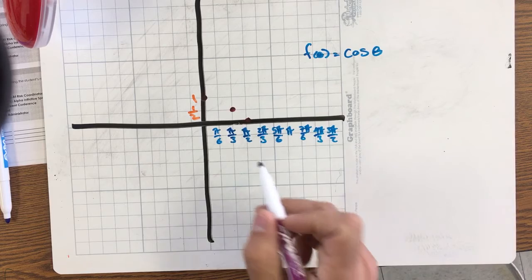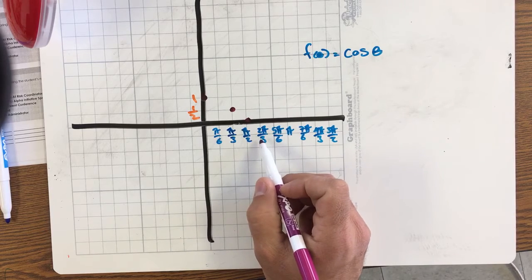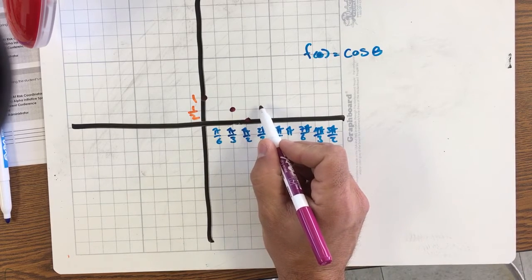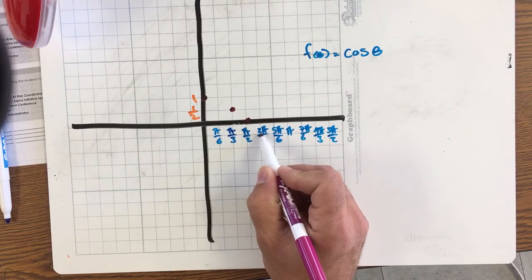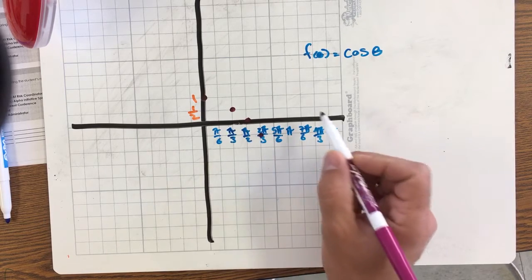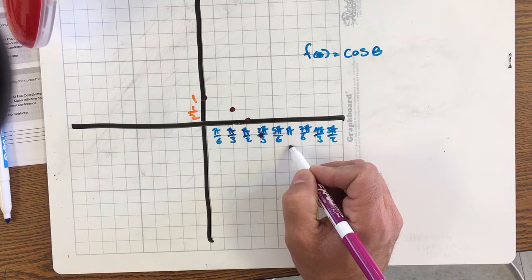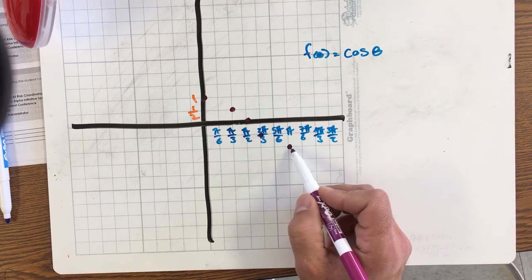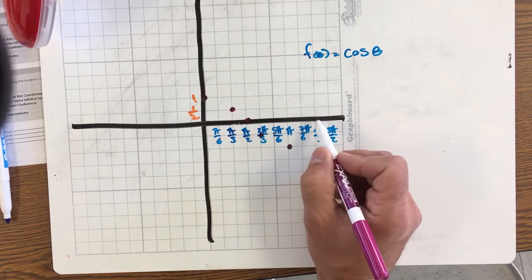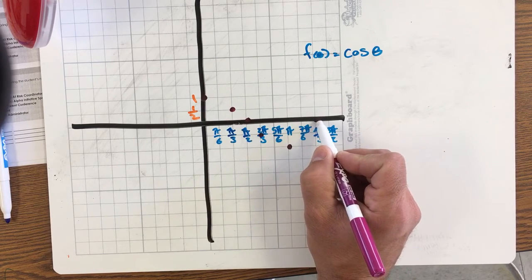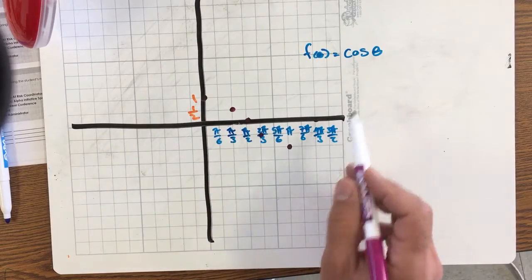When I'm at 2 pi over 3, I'm at negative 1/2. When I'm at pi, I'm at negative 1. When I'm at 4 pi over 3, I'm at 0 again. So I'm kind of going like this, okay?